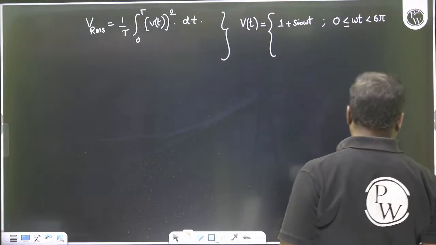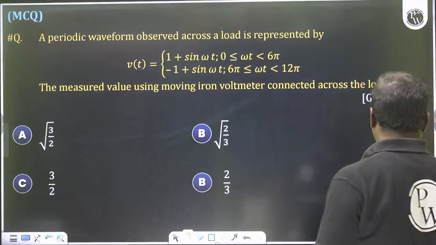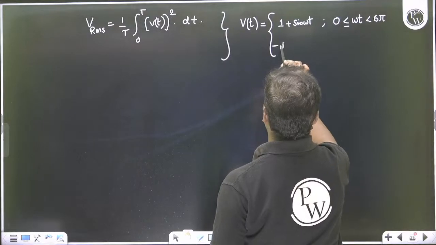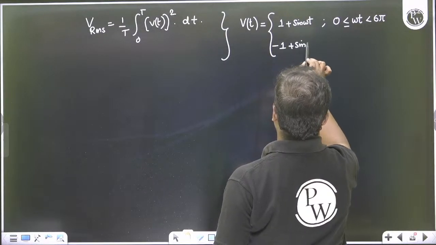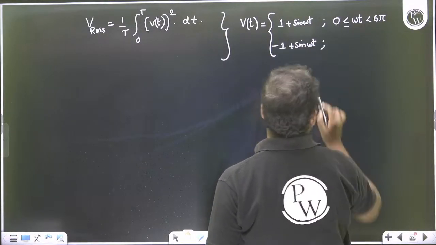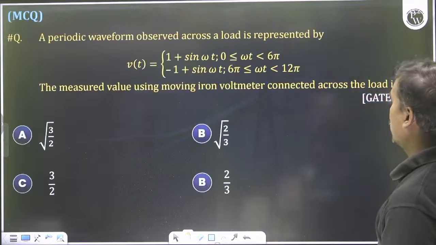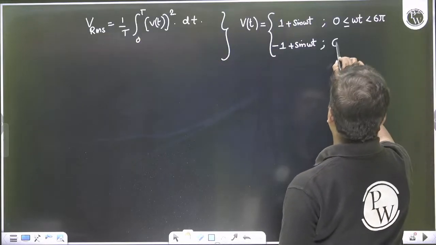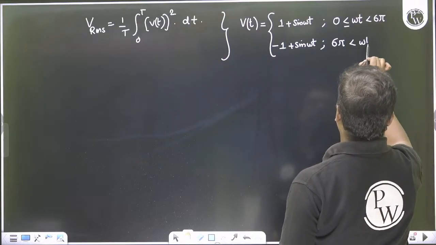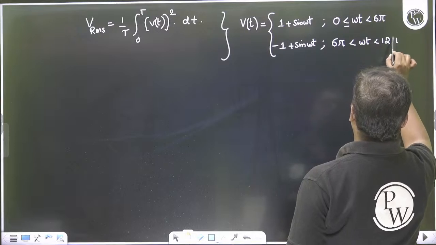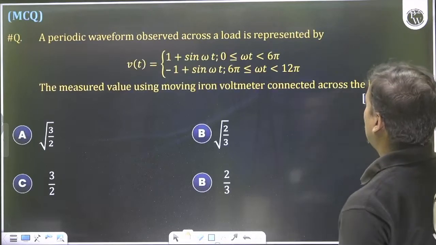Next, minus 1 plus sin omega t, for omega t greater than 6 pi, less than 12 pi.